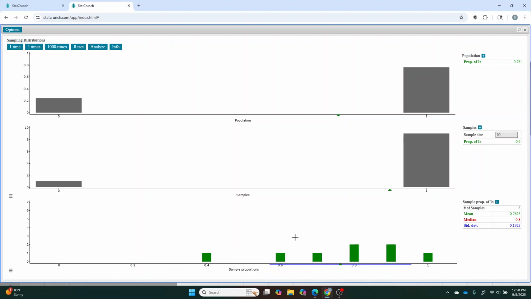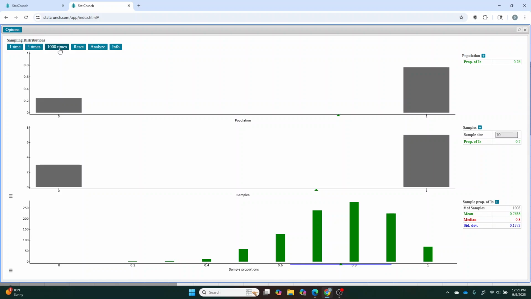Okay, so far it's looking maybe a little bit skewed to the left, but let's see if we simulate 1,000 of these, or maybe 10,000 of these. Okay, definitely there is a little bit of left skew to this. As far as the mean of the sample proportions is concerned, notice that the average sample proportion is approximately equal to the population proportion we started out with, right?